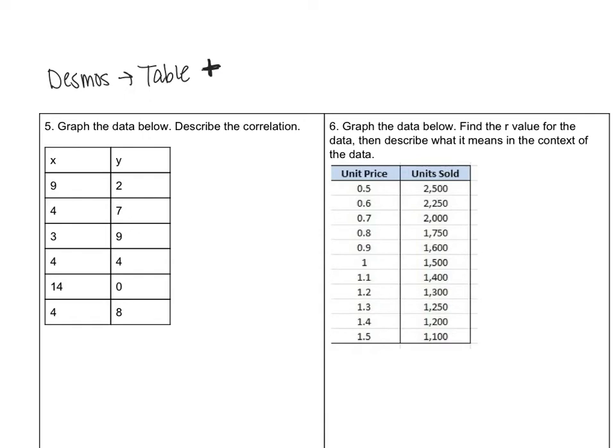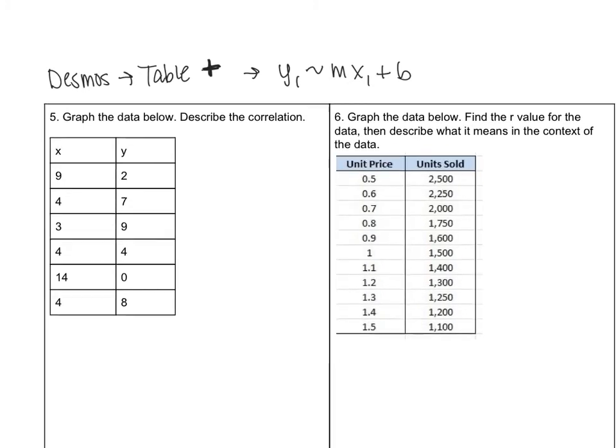And then once you have your table inserted on a separate line, you want to type the equation y1, then our squiggle mx1 plus b.